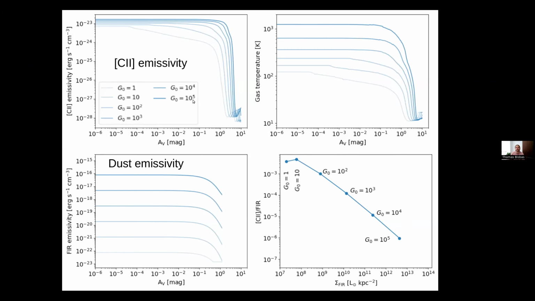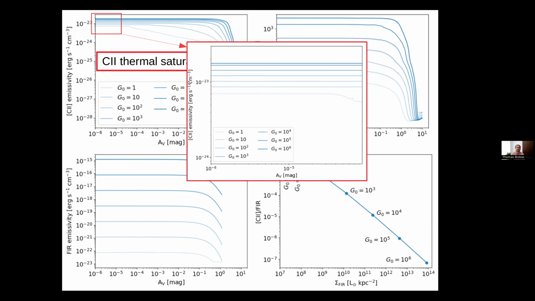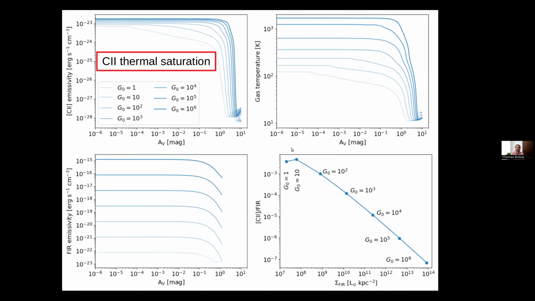And you see already here that the C+ emissivity actually saturates. We have the thermal saturation of the C+ emissivity. So the emission of C+ cannot go higher even when we go to very high G0, up to 1 million. Whereas the emission of the FIR, of the dust emission, actually scales almost linearly with G0.